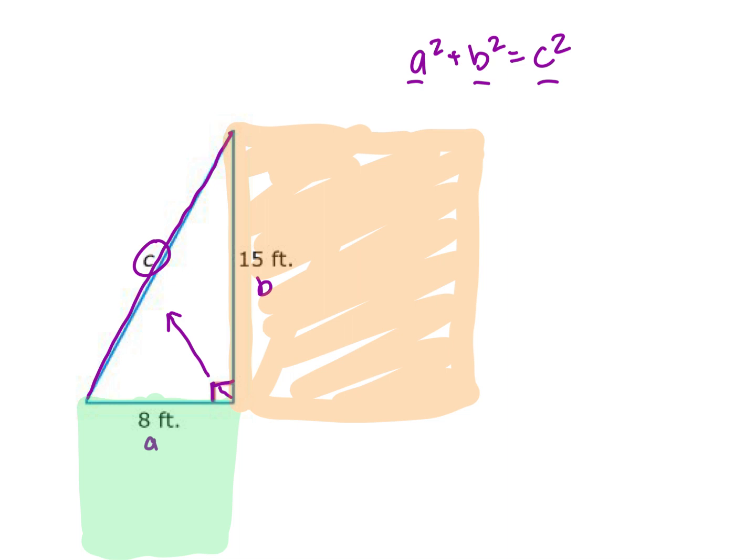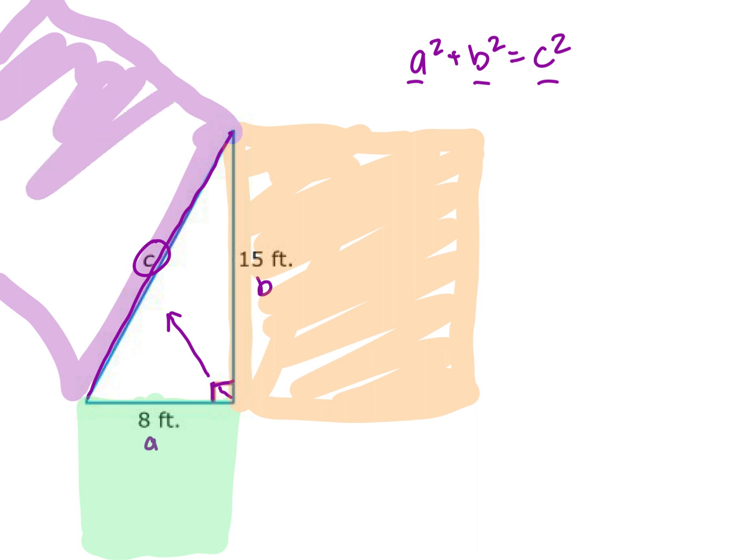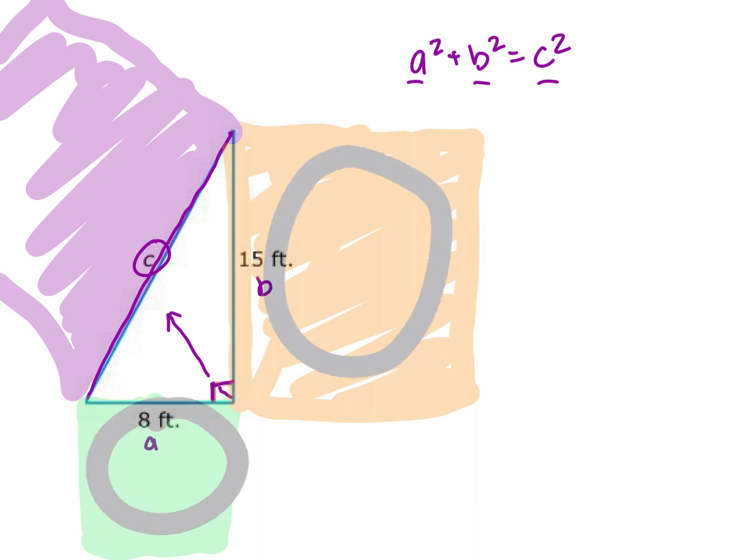Equals this side squared, c times c. Okay, so why I'm drawing these big squares is saying that this one here and this one here, when we add up all of that space, we get the same amount of space as this one here. So this one is the same size as both of these two put together.